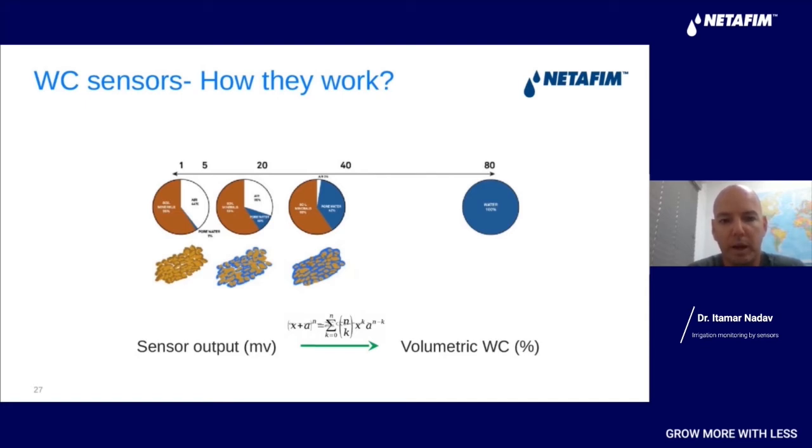But if we add some water, the sensor will do some calculation, and it will output some kind of current that can be translated into volumetric water content.